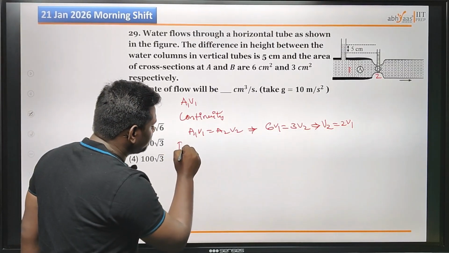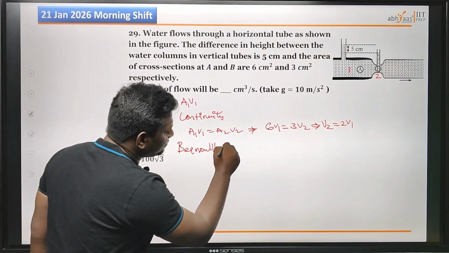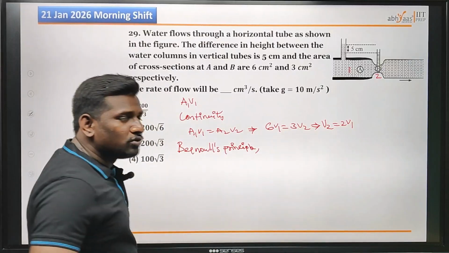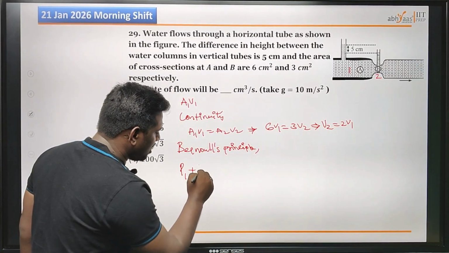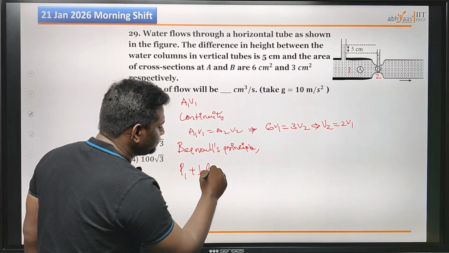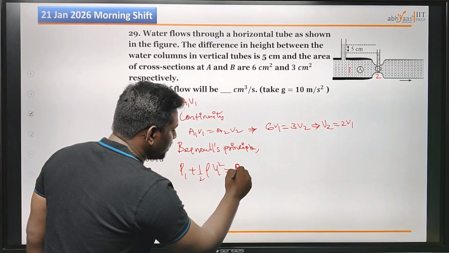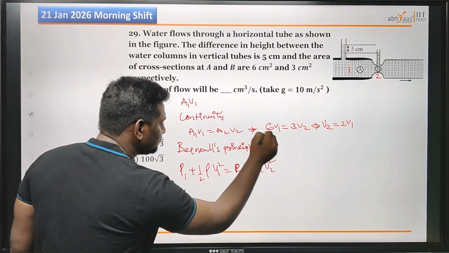From Bernoulli's principle, P1 plus half rho V1 square equal to P2 plus half rho V2 square.